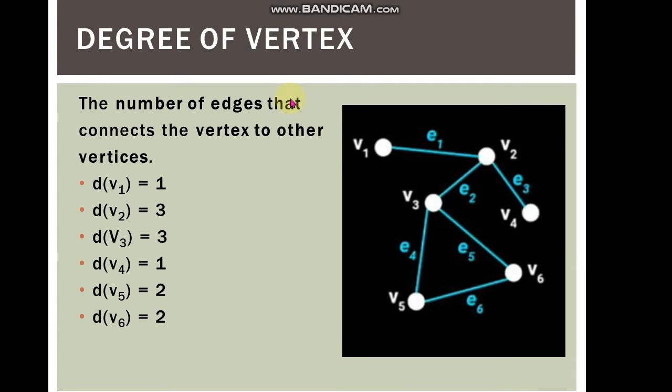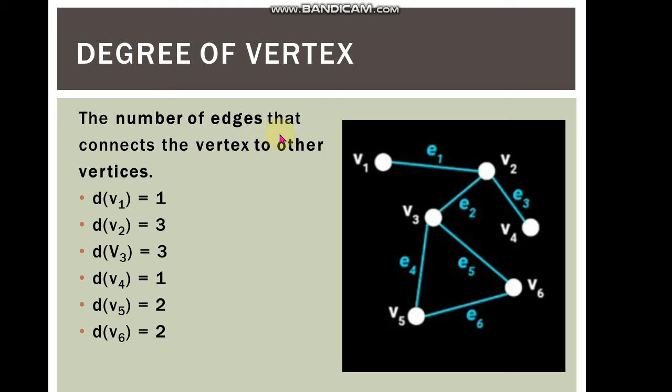Degree of vertex: the number of edges that connect the vertex to other vertices. Degree of vertex 1 equal to 1, which is just one edge that connects the vertex. Degree of vertex 2 equal to 3, which is E1, E2 and E3. Degree of vertex 3 equal to 3, which is E2, E4 and E5.